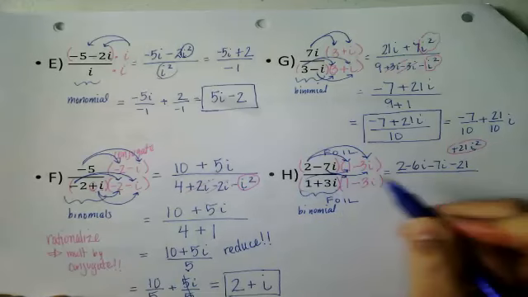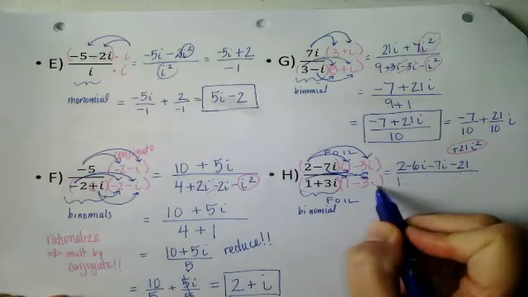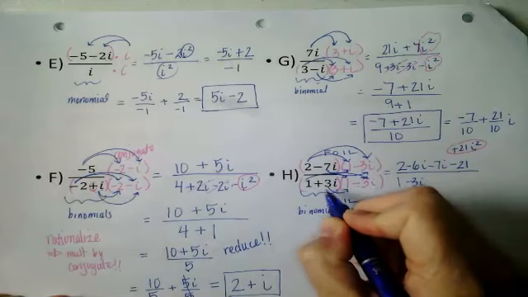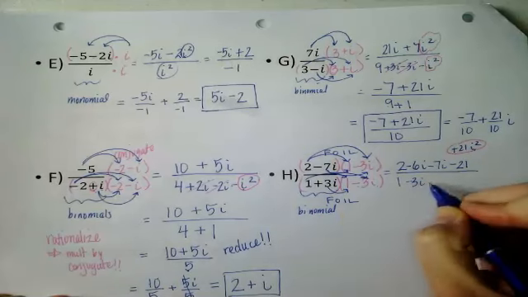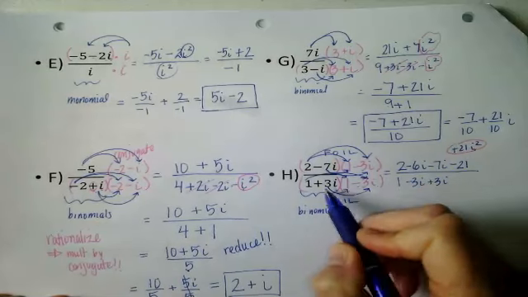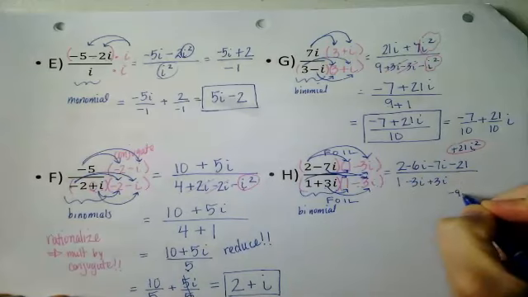1 times 1 is 1. The outside, 1 times negative 3i is negative 3i. The inside, 3i times 1 is positive 3i. And last times last, positive 3i times negative 3i is negative 9i squared.